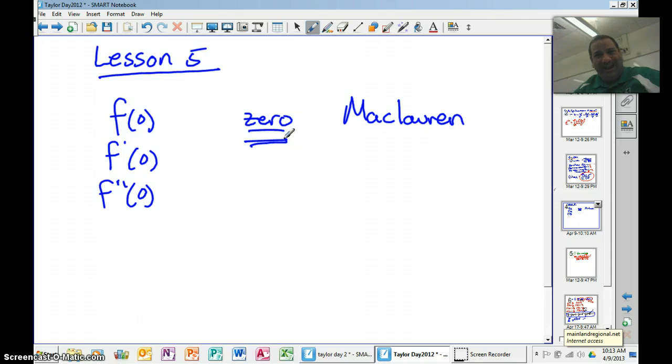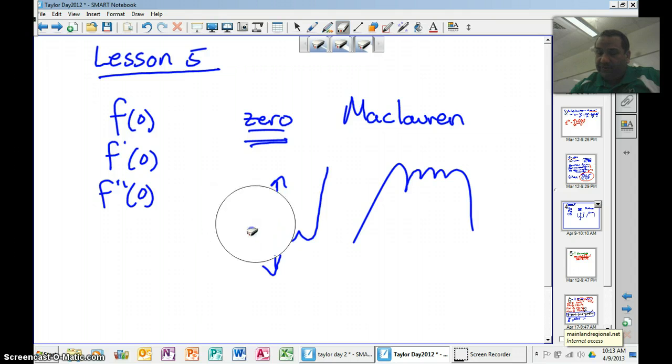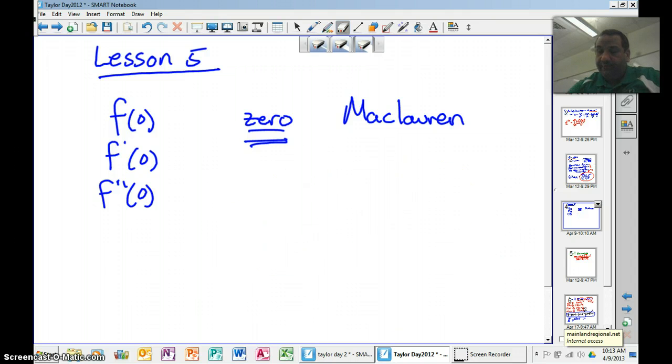Sometimes that's called centered at 0, because what you find out is that the graphs look very much like a W, or an M with a lot of humps, and in the center, we are centering it at 0. So that's where that centering comes in. That's called Maclaurin.